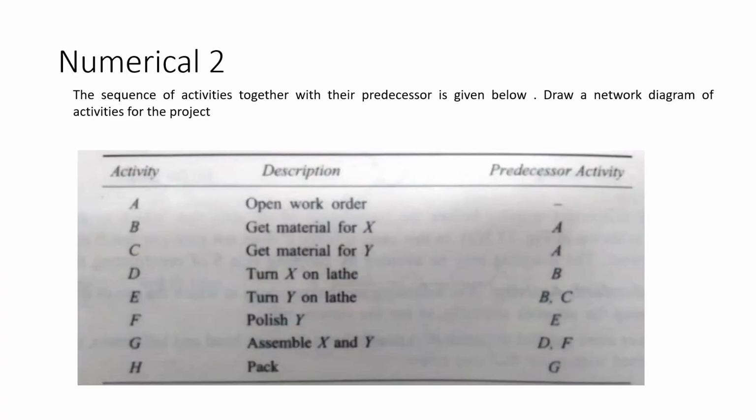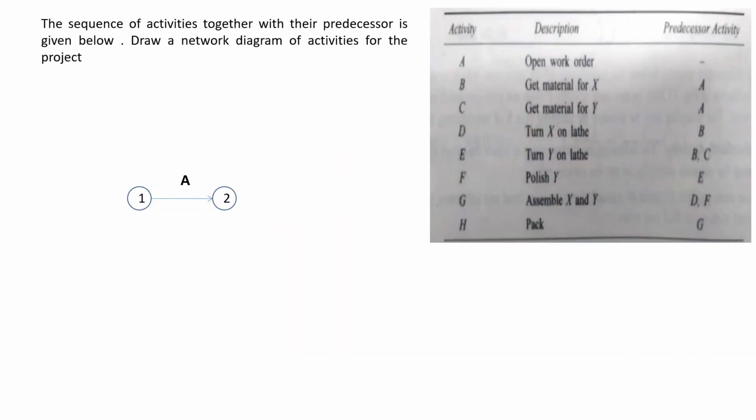Let us look at another numerical problem where a sequence of activities has been given with their predecessors. Let us draw a network diagram for the activities. Activity A has no predecessor, therefore activity A can be started first.